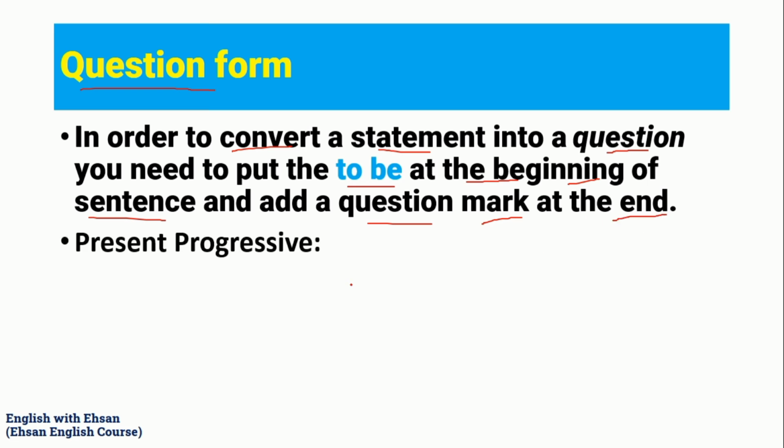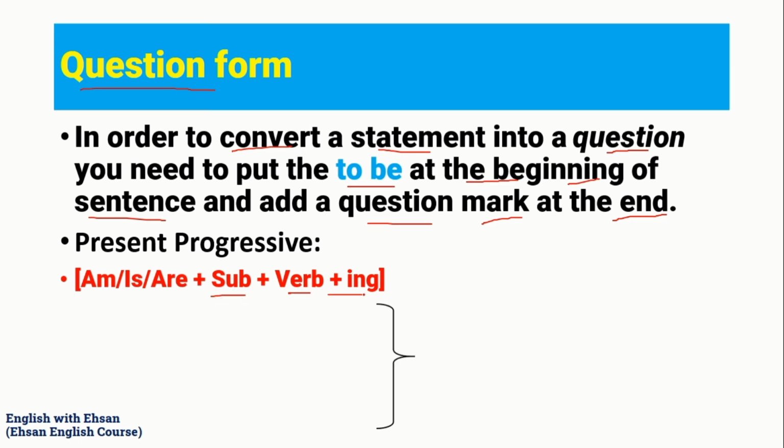Like in present progressive or present continuous tense, both are the same. Here we have a structure. We just bring the am, is, or are, our to be verb, to the beginning, and then put the subject plus verb plus ing. Here we have an example.